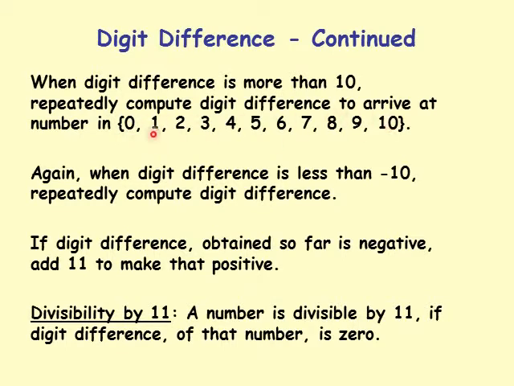Then it would be in the range 0 through 10. Now, divisibility by 11. A number is divisible by 11 if the digit difference of that number is 0. A number is divisible by 11 if its remainder when we divide it by 11 is 0, and we already figured out that when the remainder is 0, so is the digit difference.